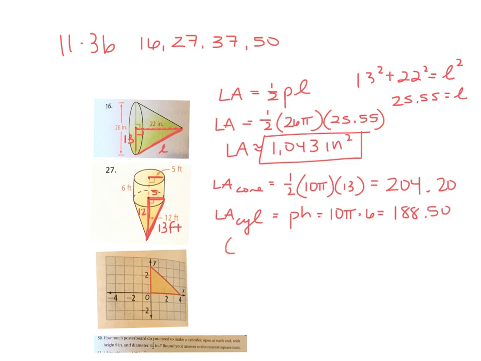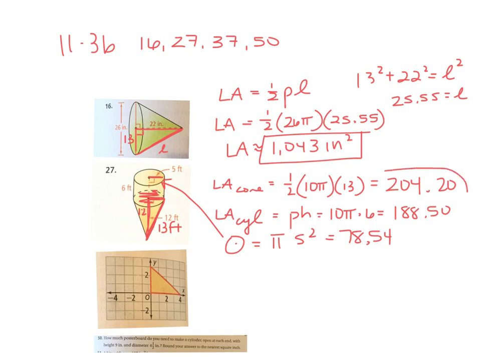Okay, and then we just need that last circle to find the area of that. That's this circle up here. Because we don't need both the circles. We don't need this one because that's inside the figure. So we're just going to go pi times the radius squared. So 25 pi is 78.54.